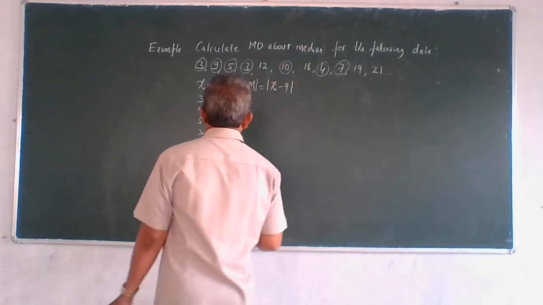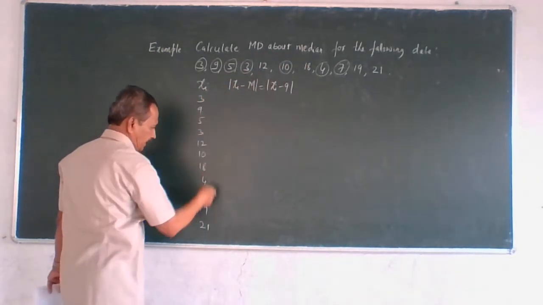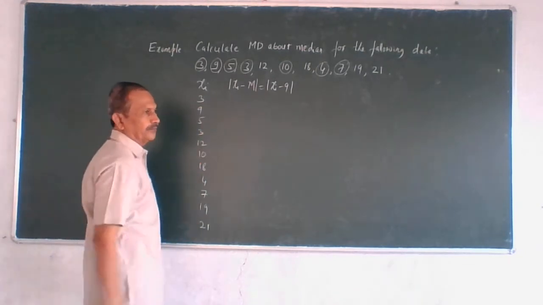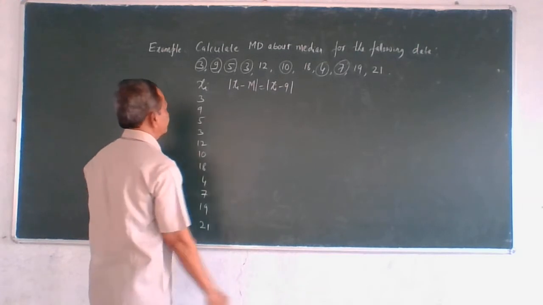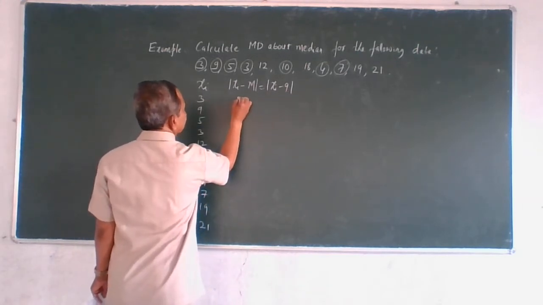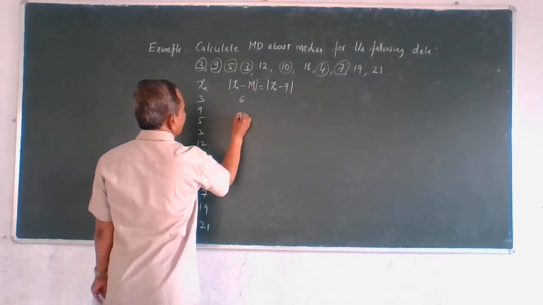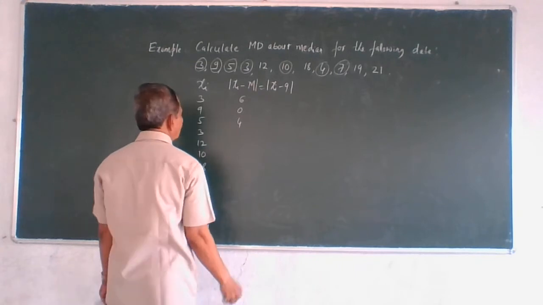Now subtract 9 from each xi. Take the positive values and leave out the negatives. So 3 minus 9 is minus 6, take it as 6. 9 minus 9 is 0. 5 minus 9 is minus 4, or 4.